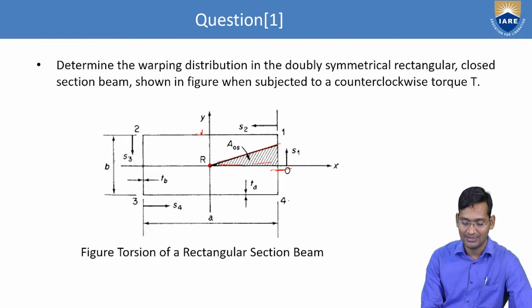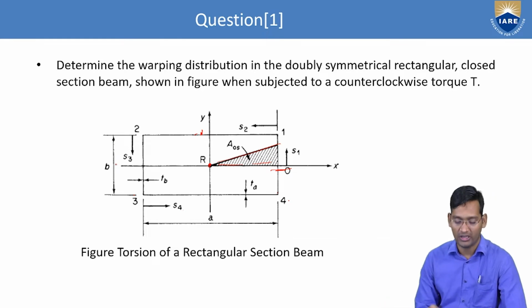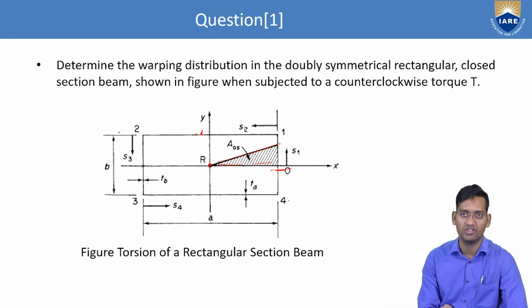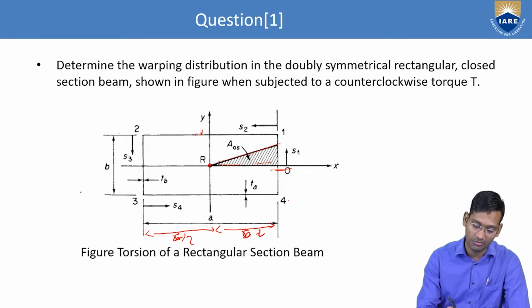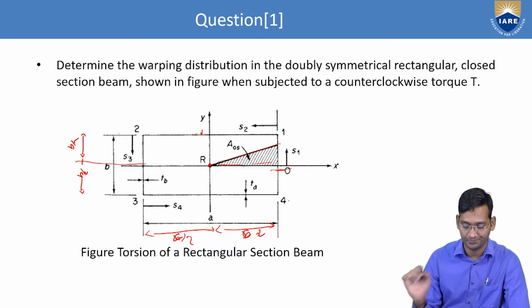Here the cross-section of this side is B and this side is A. So from here to here it will be A by 2, because the total is A, and here it will be B by 2, from here to here B by 2, and from here to here B by 2 up to this.